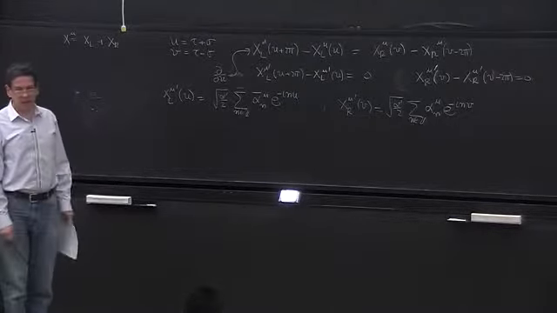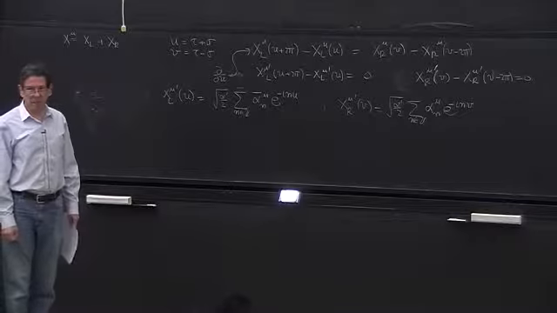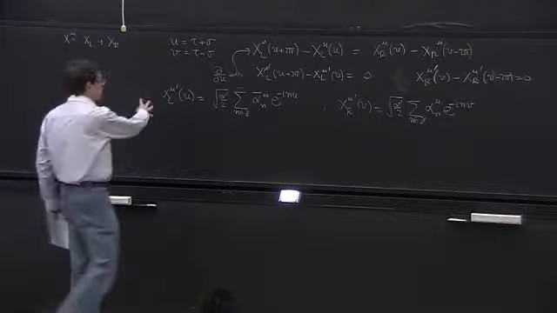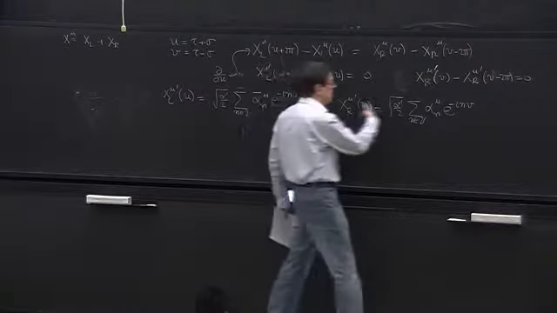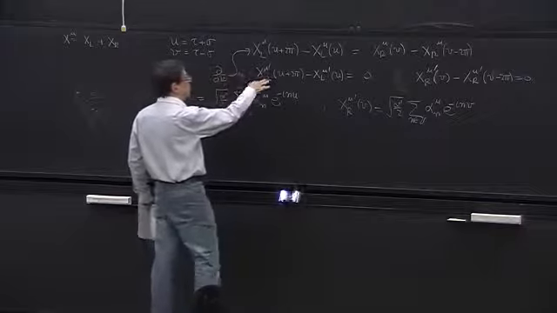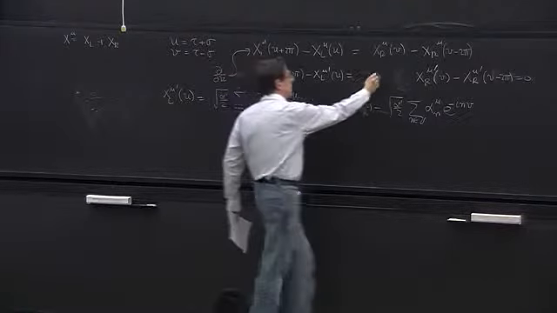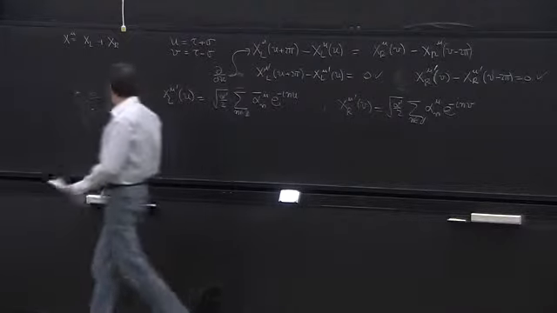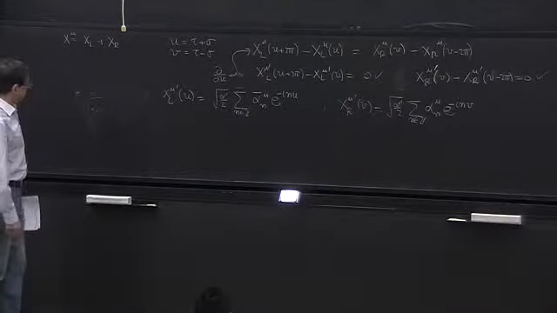Probably the tilde is eventually better, but bar is easier to write. So these are a set of independent oscillators. This is a set of independent oscillators. And they have some of the information. They implement this and that.